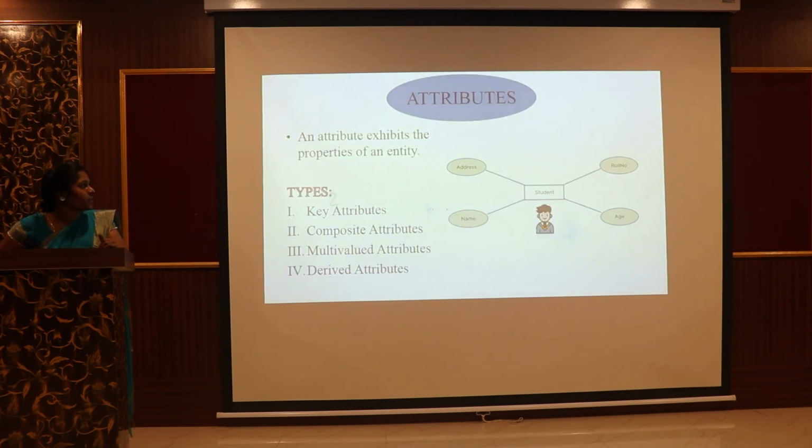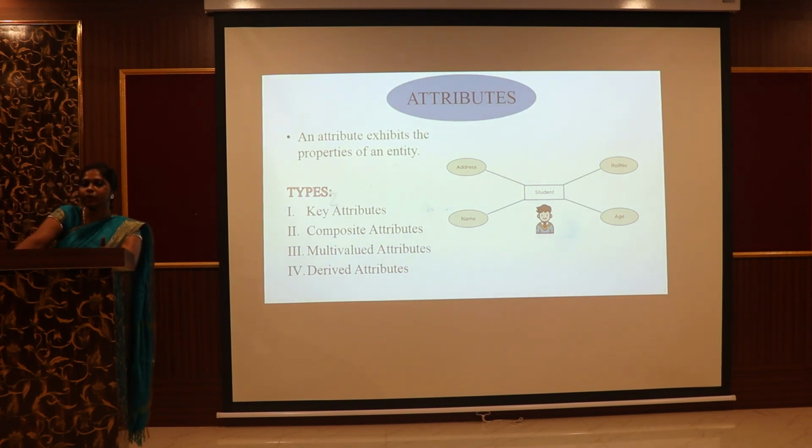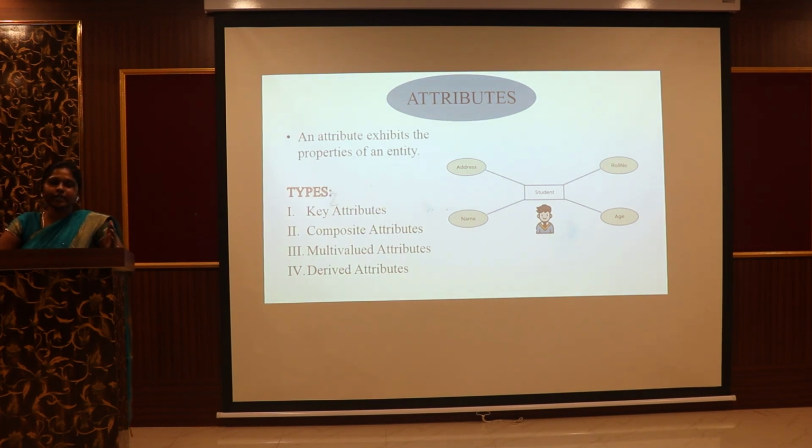And then the second component is attributes. Attributes exhibit the properties of an entity. For example, in robotics, when you are making robots, there are so many properties being used: sensors, microcontroller, actuator, and so on.